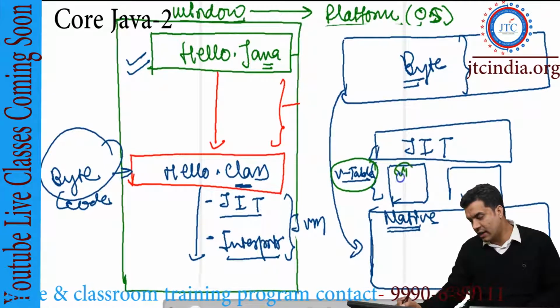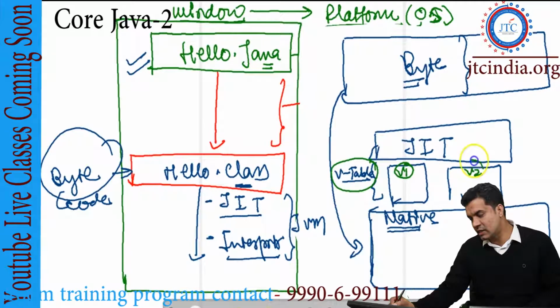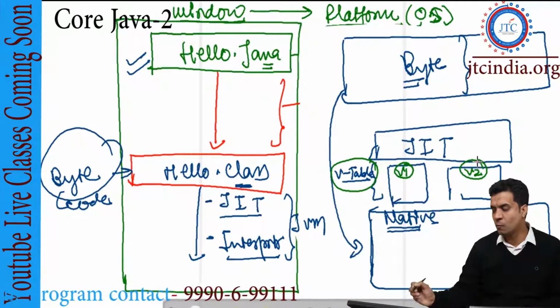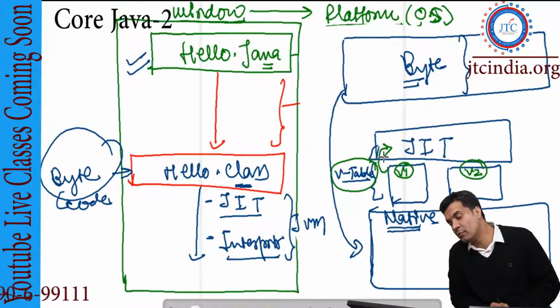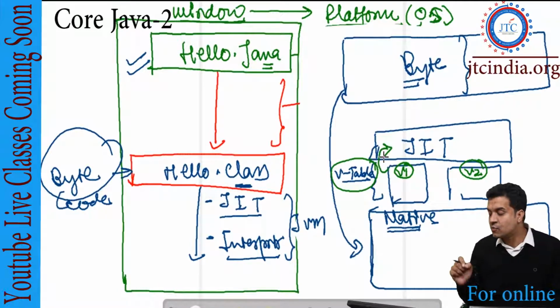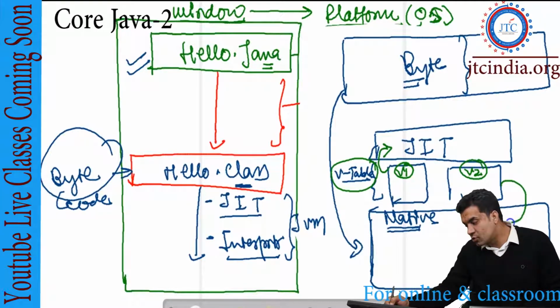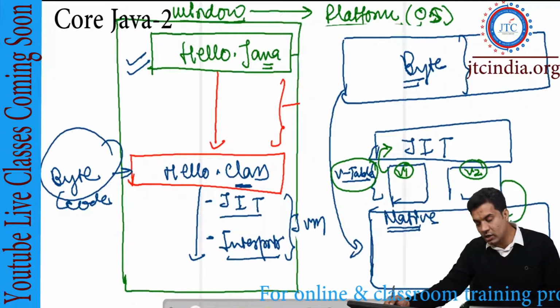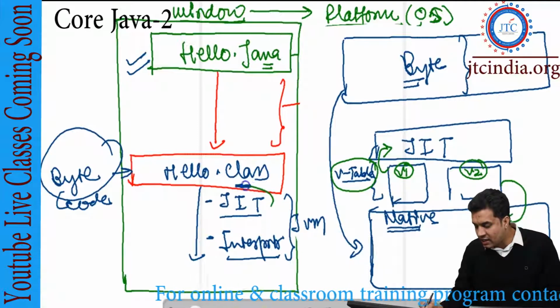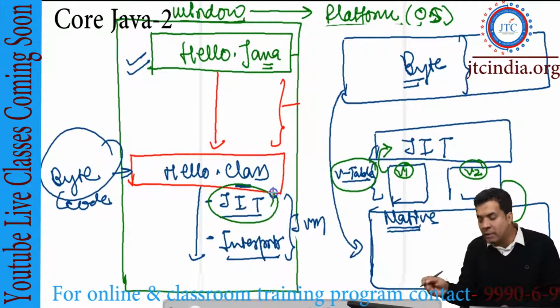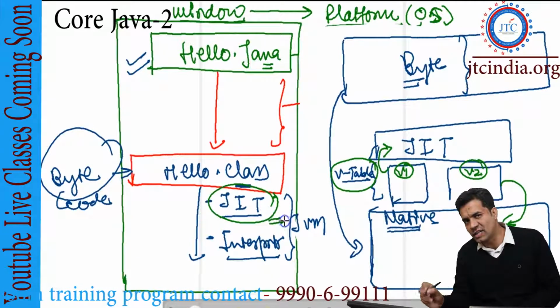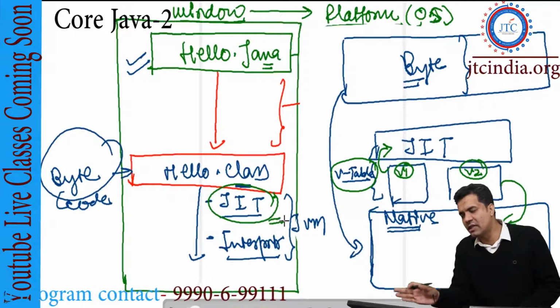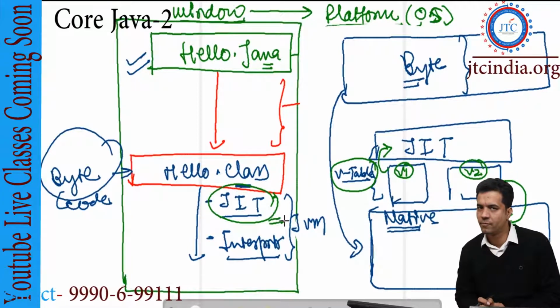We can divide it into two parts, V1 and V2. V1 maintains information related to the byte code, whereas V2 maintains information related to the native code that has been converted. So this JIT compiler, compared to the interpreter, is faster at processing. The theory I have given in the documents and the same thing I have explained here.